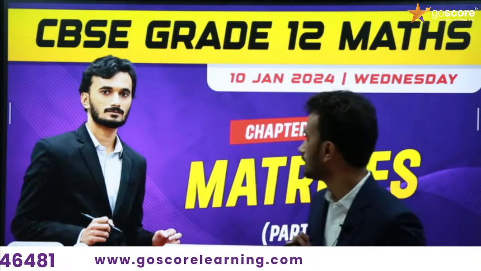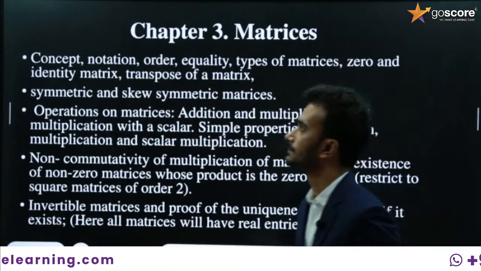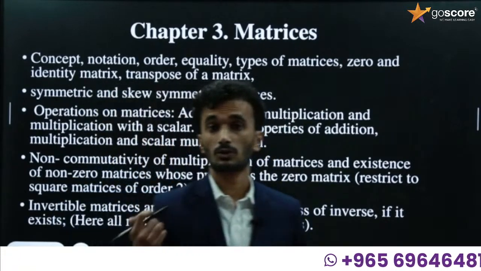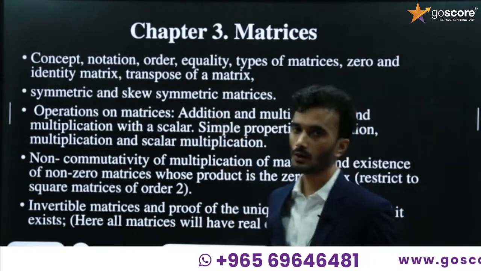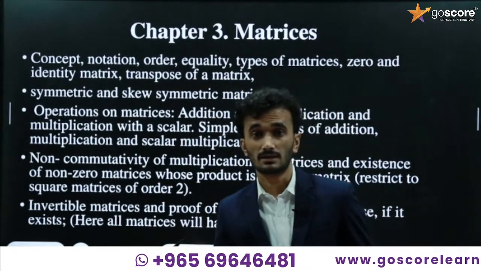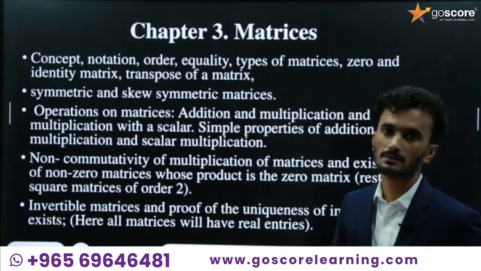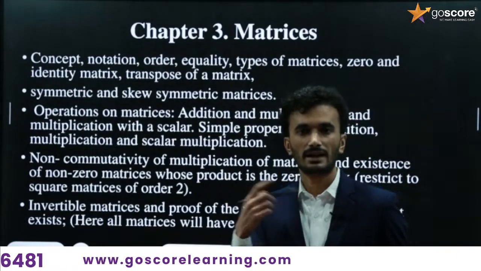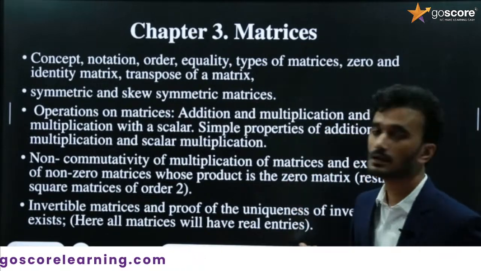Okay. So in matrices, that means chapter 3, we will discuss these topics. That means concept and notation of matrices, then order, equality of matrices, then types of matrices. In types of matrices, we will discuss zero matrix, identity matrix. Zero matrix is also called a null matrix.